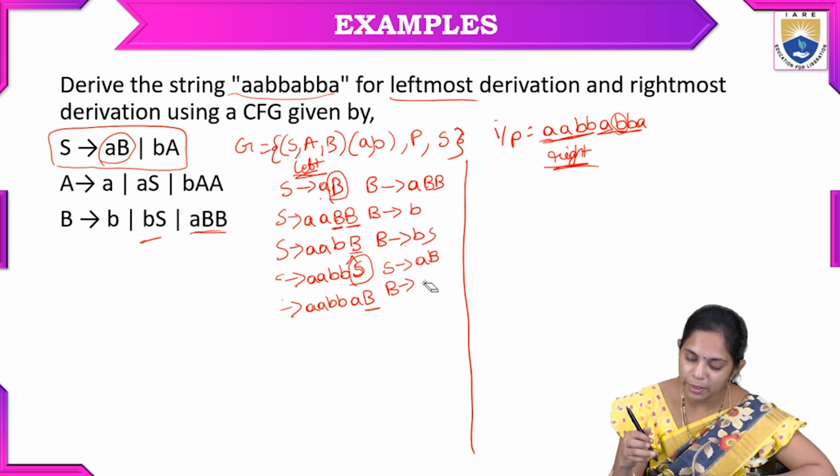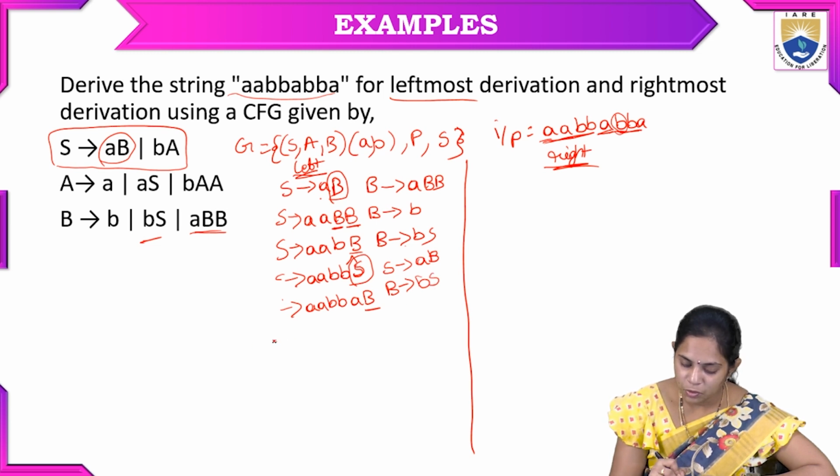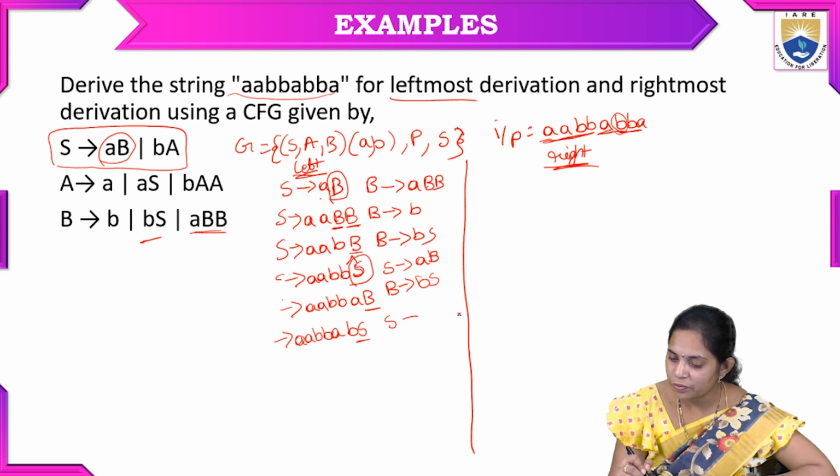So small b, S. So here a, b, b, S. For this S, instead of S we will write S tends to b. The next input symbol is b. So b, a.